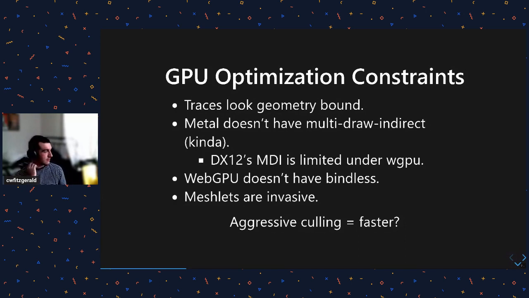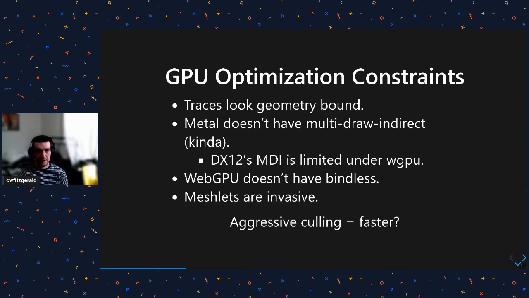Meshlets often are thrown around a lot, and we'll get into that a little bit later. My basic thesis is that if we cull geometry aggressively, we will go faster. That's based on that trace that I showed before. That's sort of where I'm thinking with all of this.